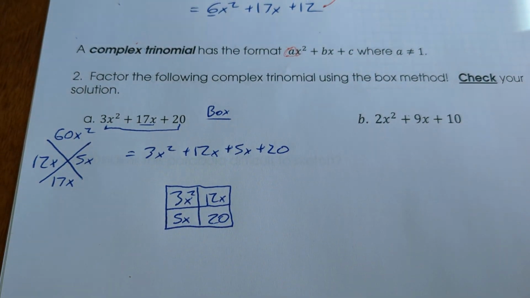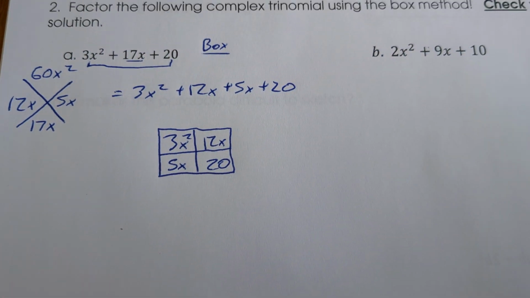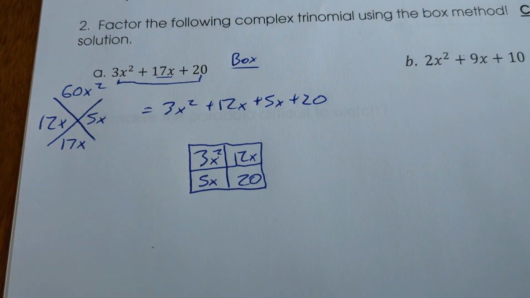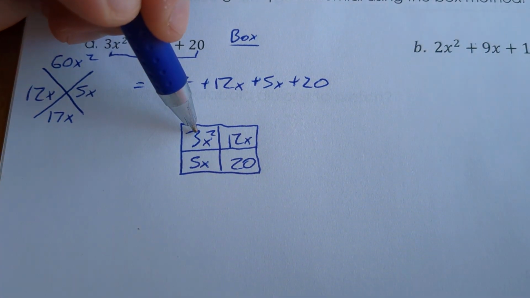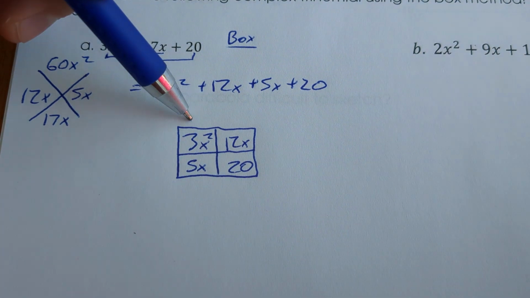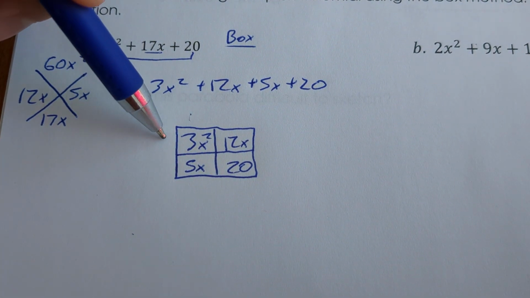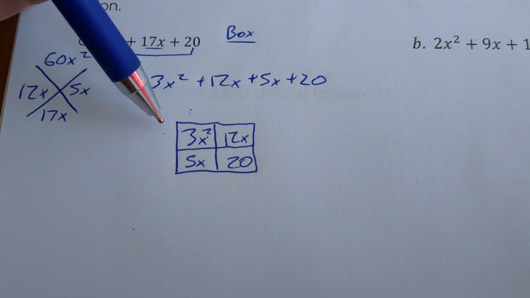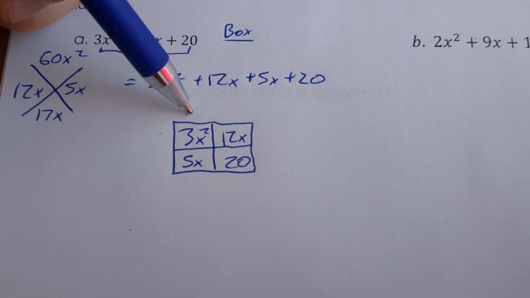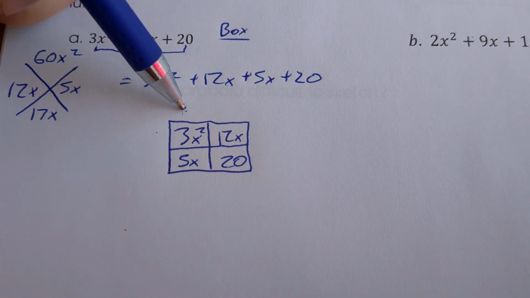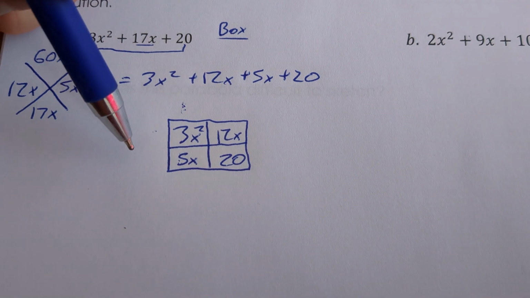This is where we have to be a bit more careful when we are factoring. The only thing that multiplies to make the 3 is 3 and 1. So you know you're going to have a 3 on one of these and a 1 on the other. But whatever number you put up here has to go into the number across from it, down here.